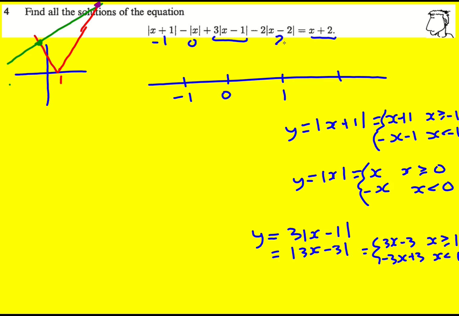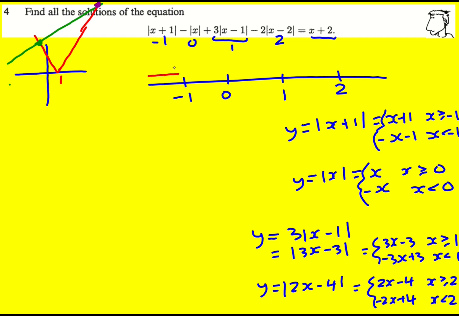And finally, this one will have a critical value of 2. So it'll be the modulus of 2x minus 4, which gives 2x minus 4 if x is greater than or equal to 2, and minus 2x plus 4 if x is less than 2.